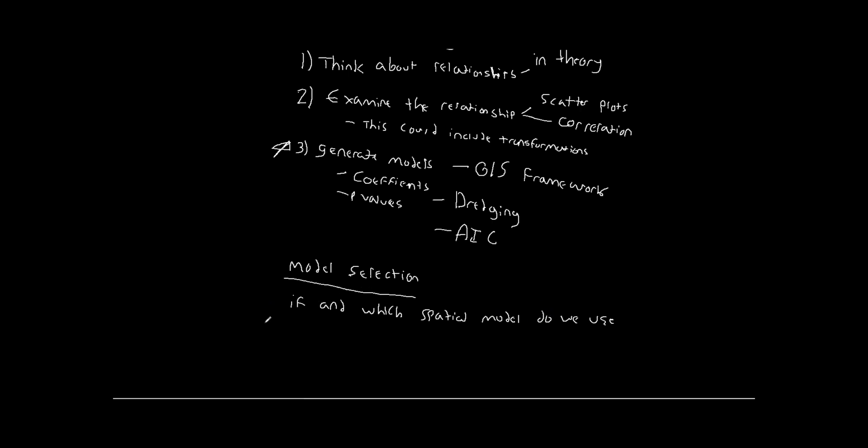But what I want to do here is explicitly talk about examining the lagged means and Moran's I, the stuff that we spent so much time talking about in the previous module. This can inform this decision.